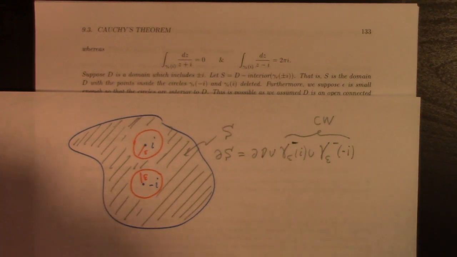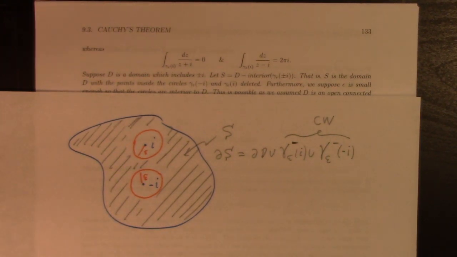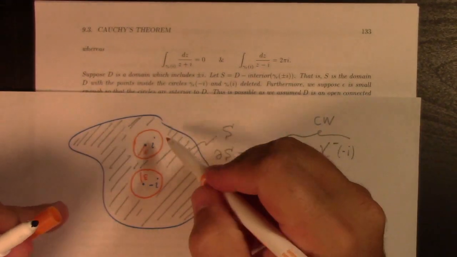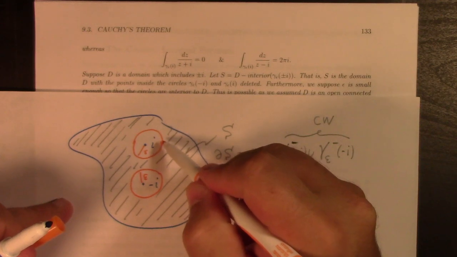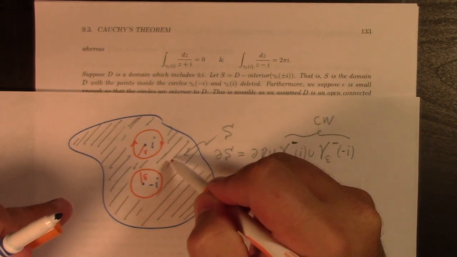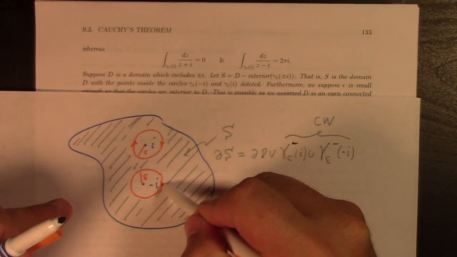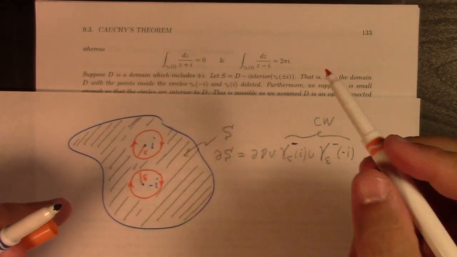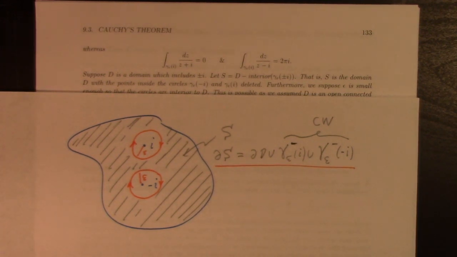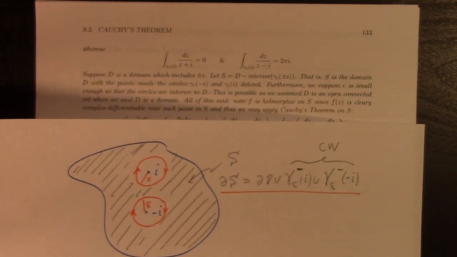We orient them so that if you imagine yourself walking along the inner circles, S would be on your left. If you imagine a little dude walking along the edge, S would be on his left if we make these clockwise oriented. So this is the natural orientation of S, natural in the sense that it makes Green's theorem work.